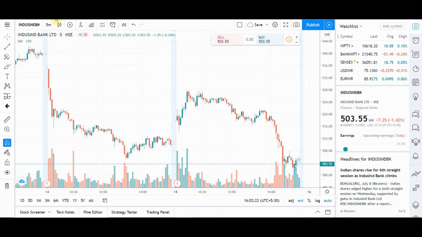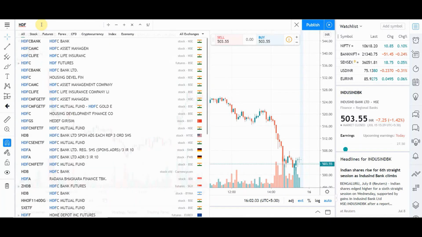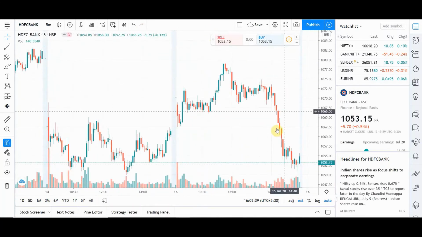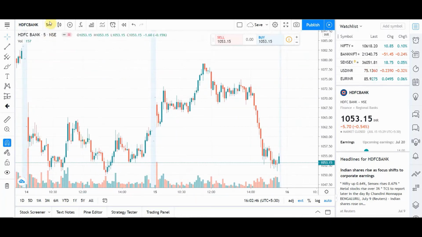Coming to this section, by clicking here we will be able to type our stocks. For example, HDFC Bank, all we can see here. So let me click HDFC Bank. By clicking HDFC Bank, the chart of HDFC Bank will be loaded. Here I had taken a 5 minutes candlestick chart.